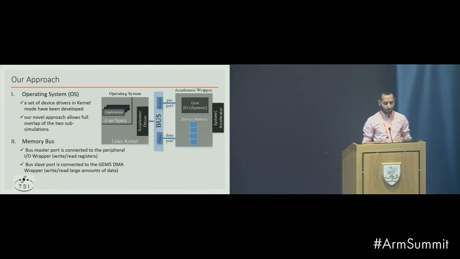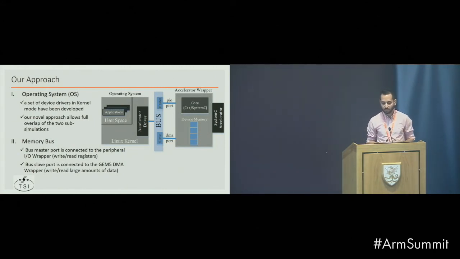So, about our approach, this slide describes the most significant modifications that were performed in order to expand the gem5 full system simulator functionality to support our novel SystemC accelerator. Specifically, the operating system contains the user space with the user's applications, and all appropriate libraries and kernel space drivers.